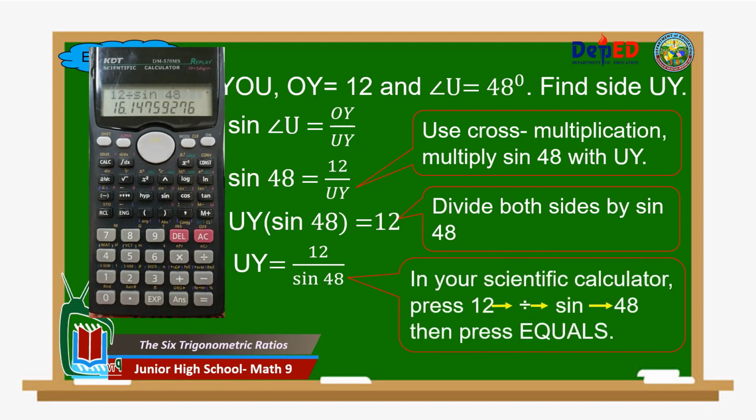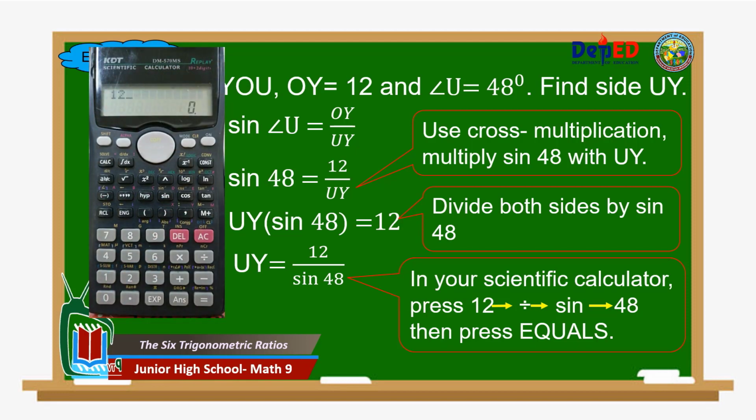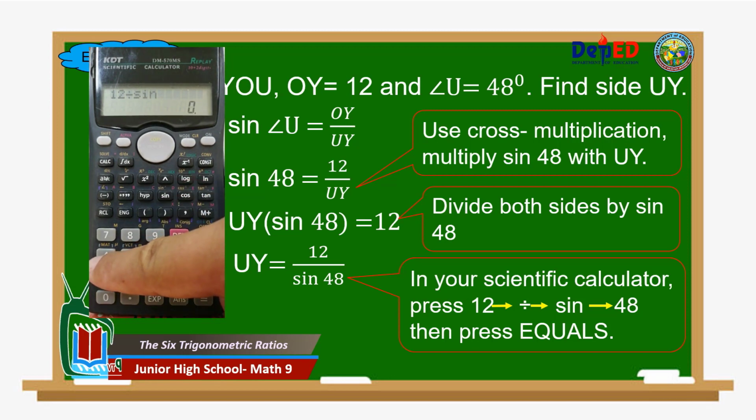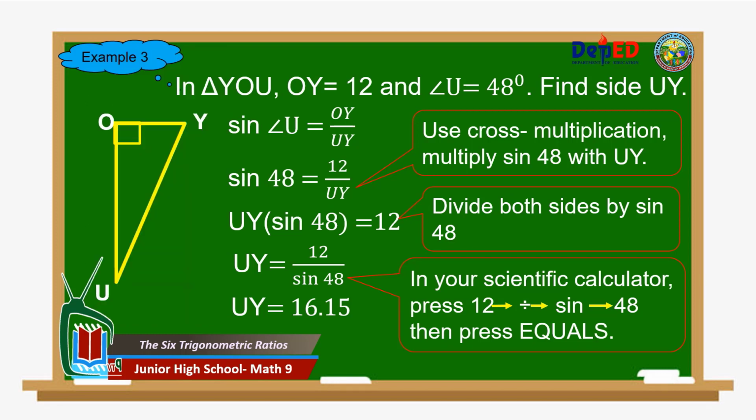And again, in your calculator, you're going to press 12, then the division sign, then sine, then 48, and then finally press equals. So the measure that we are looking for, UY, is equal to 16.15.